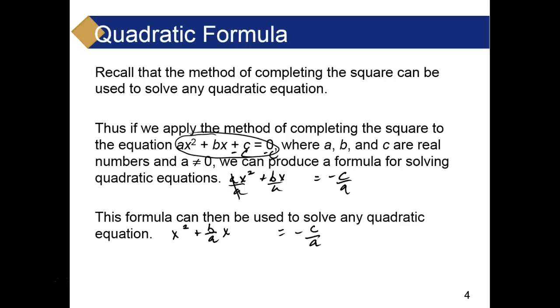Next, what's our next step? Not yet. You've got to get this to be a perfect square trinomial. What do we got to do for that? Take half of this term. That will be what? Ooh, these have letters. x plus half of b over a.